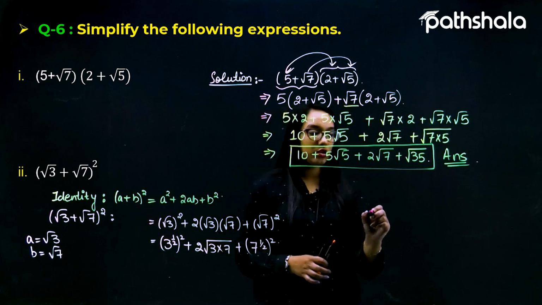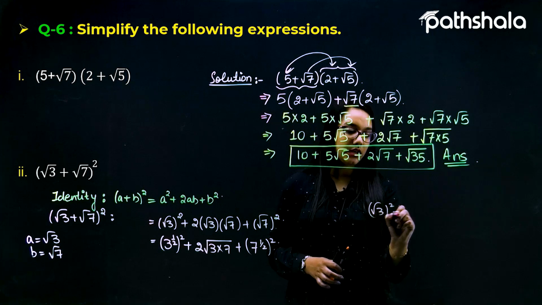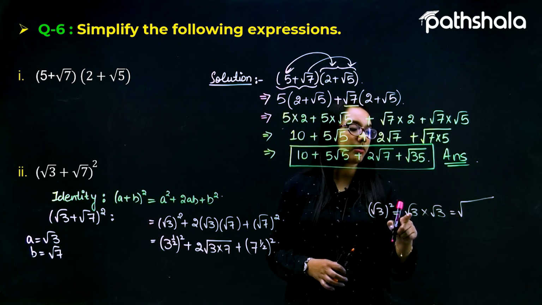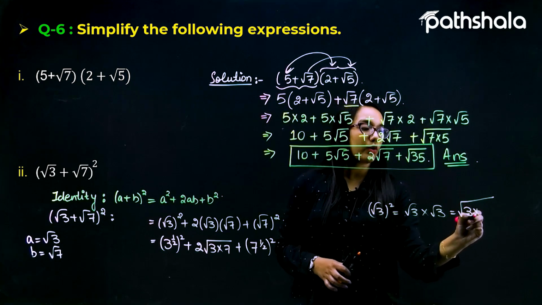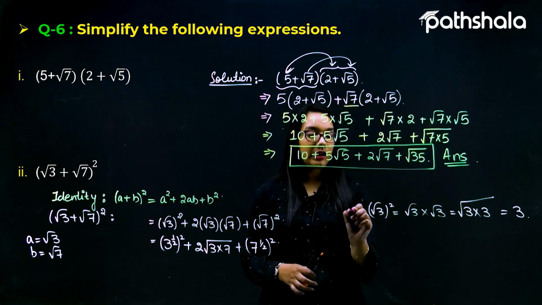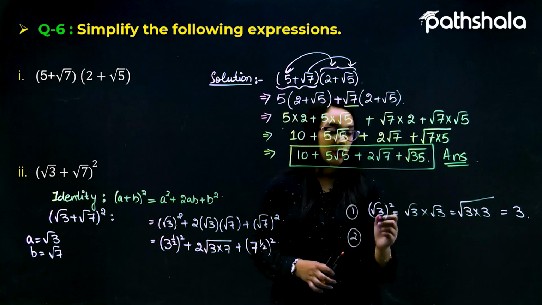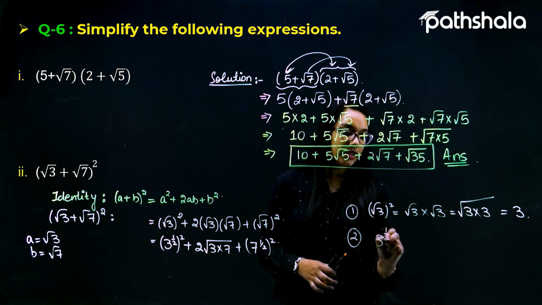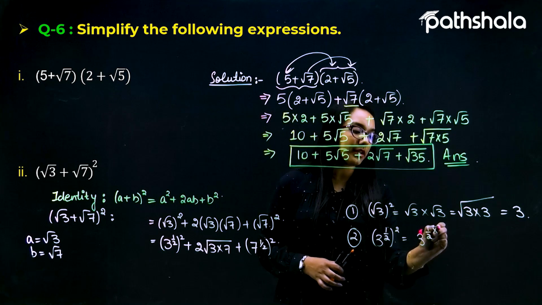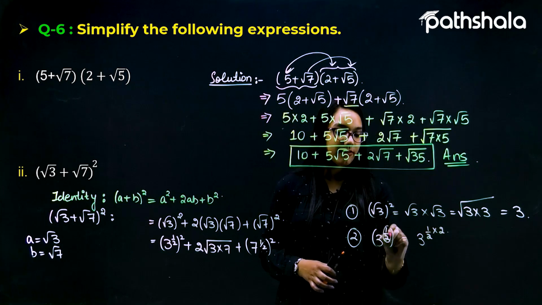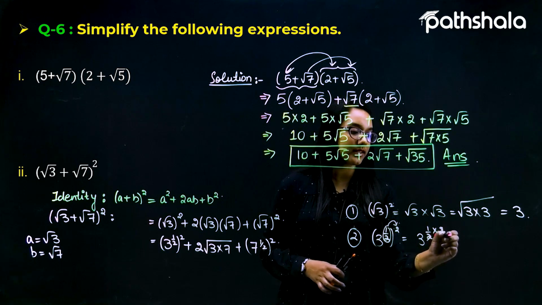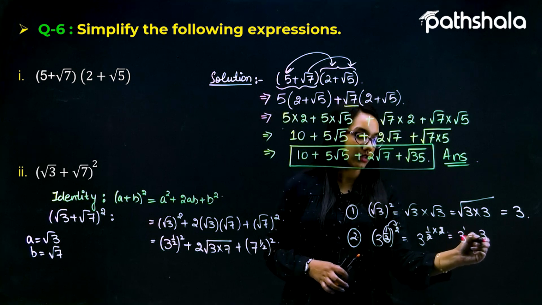We know that root 3's whole square is basically root 3 into root 3, which is square root of 3 into 3, so the answer is always 3. We can also apply the concept of powers: 3 power half, power 2. The half gets multiplied with the power 2, so the 2 and 2 cancel out, and the answer is 3 power 1, which is 3.